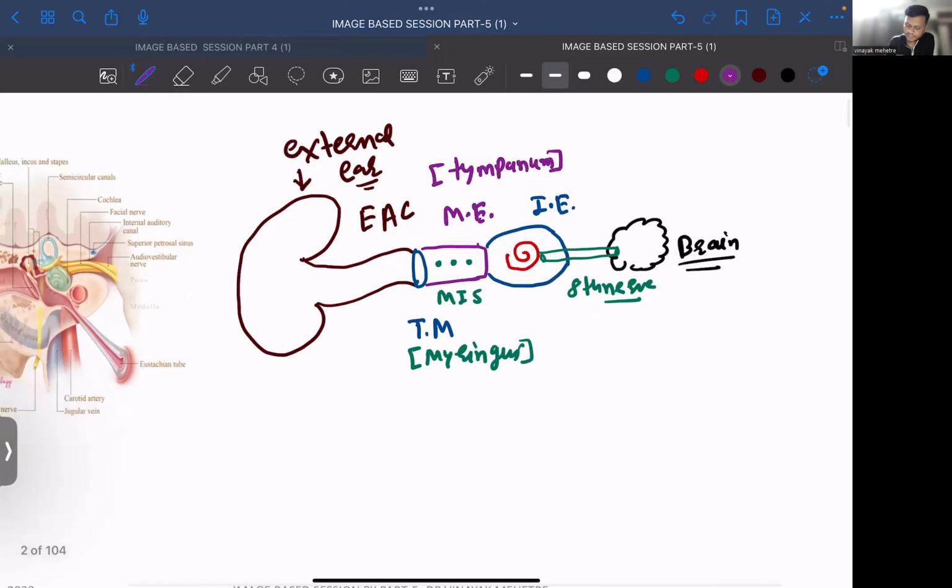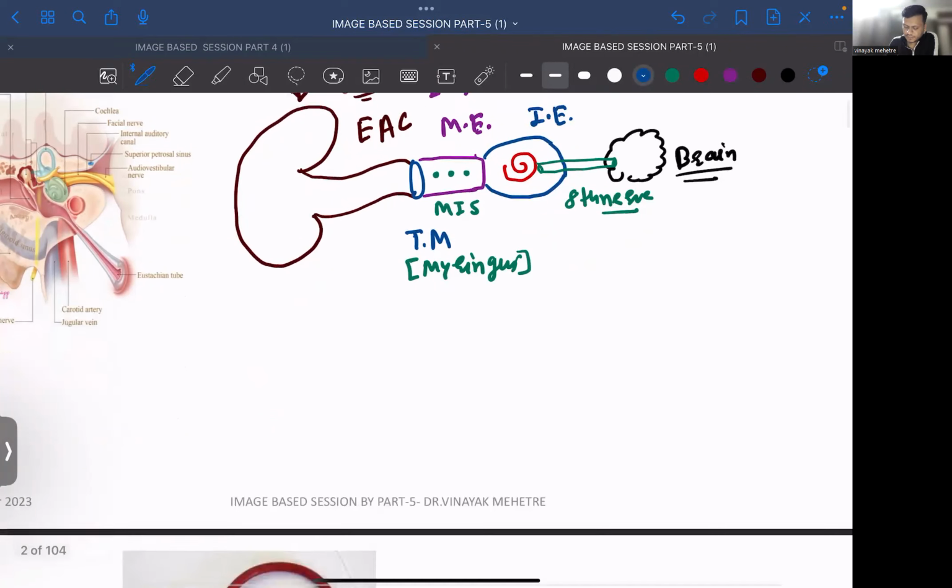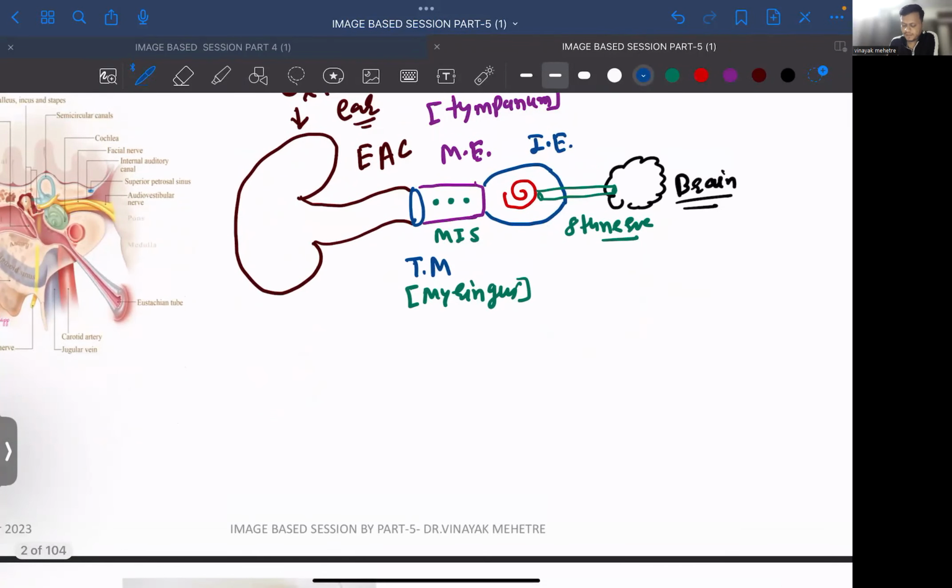Did you remember this image? Now remember, any disease present from the external ear to the middle ear will cause conductive hearing loss.